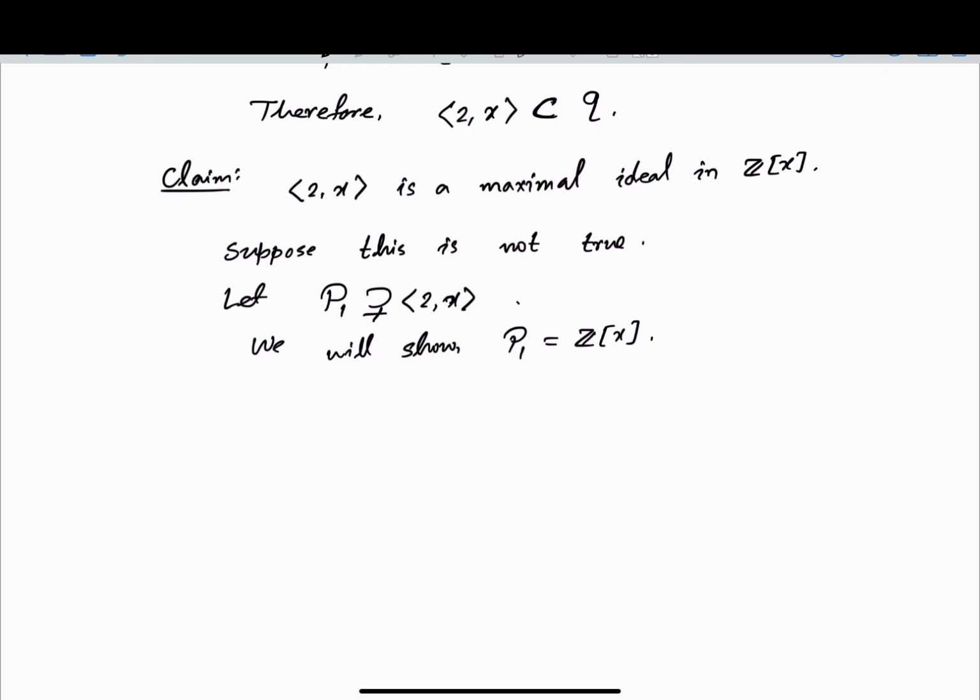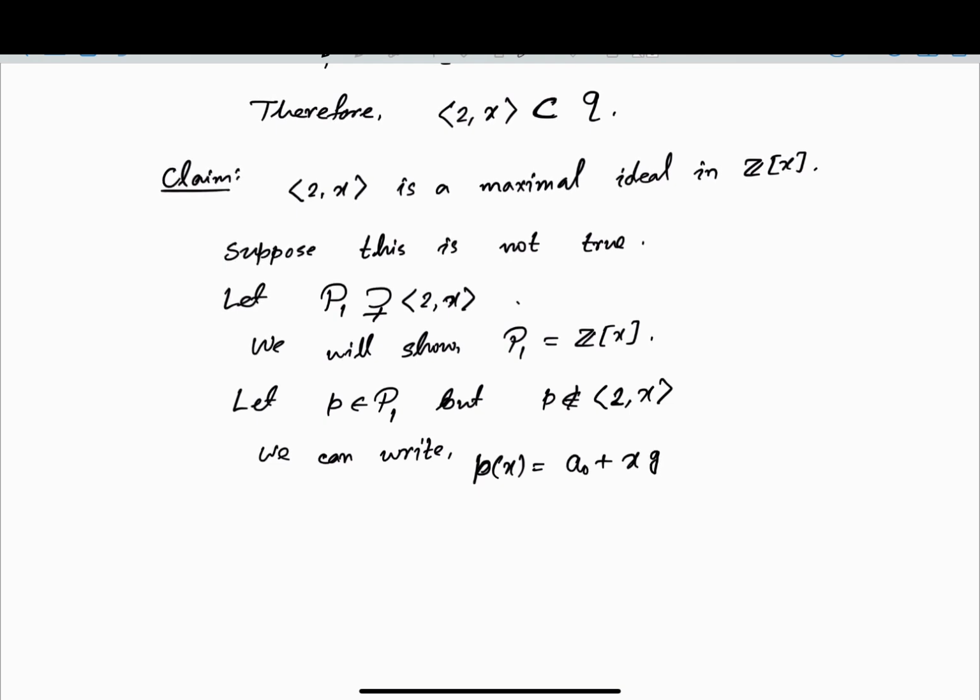So as P1 strictly contains (2, x), let some small p belong to P1, but p does not belong to the ideal (2, x), right? And as p is a polynomial in Z[x], we can write p as a naught, the constant term, plus x times some polynomial g(x), where g again belongs to Z[x].